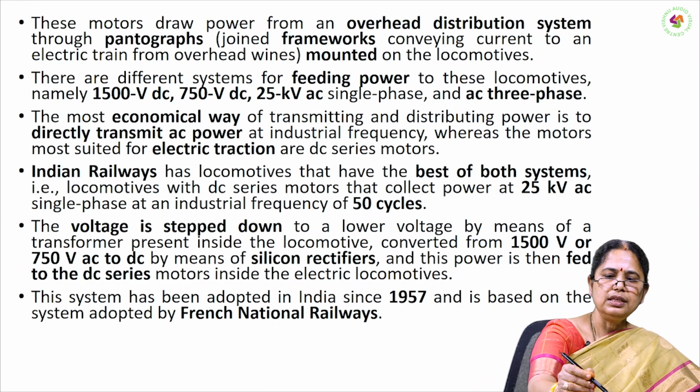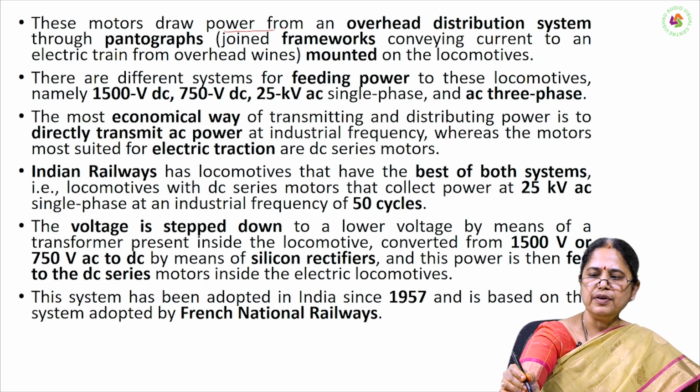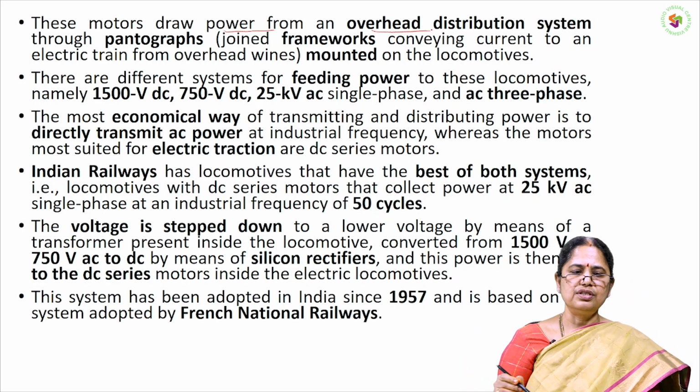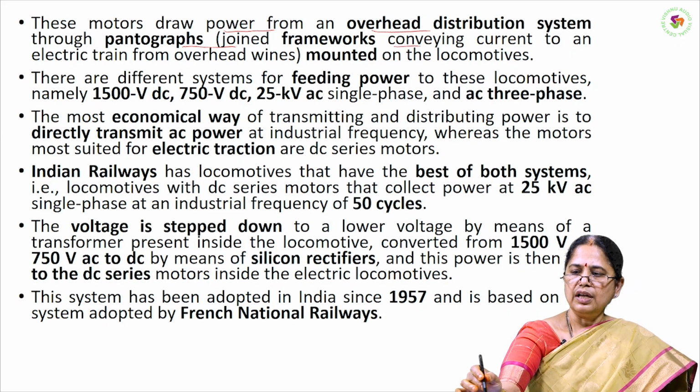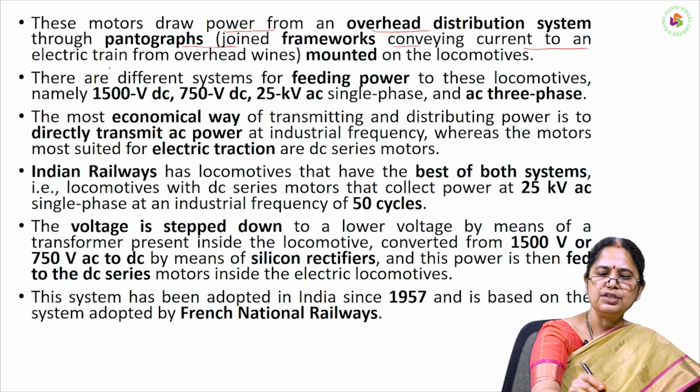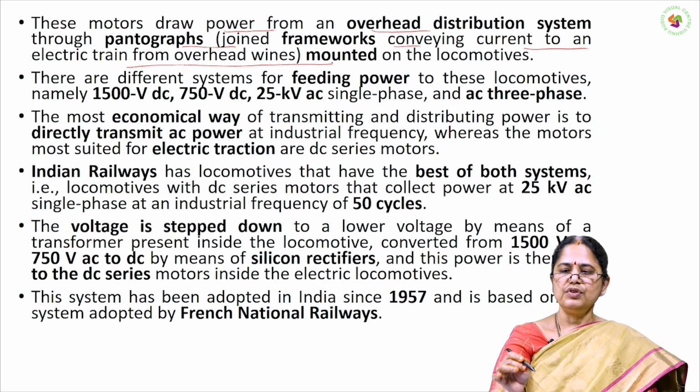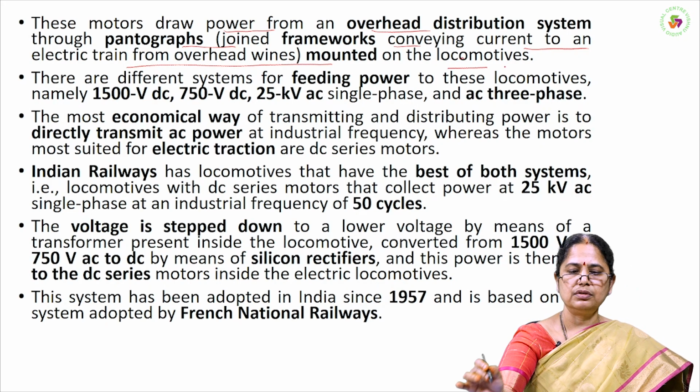These motors draw power from the overhead distribution system through the pantographs. These pantographs are jointed frameworks conveying current to an electric train from the overhead wires, and are mounted on the locomotives.